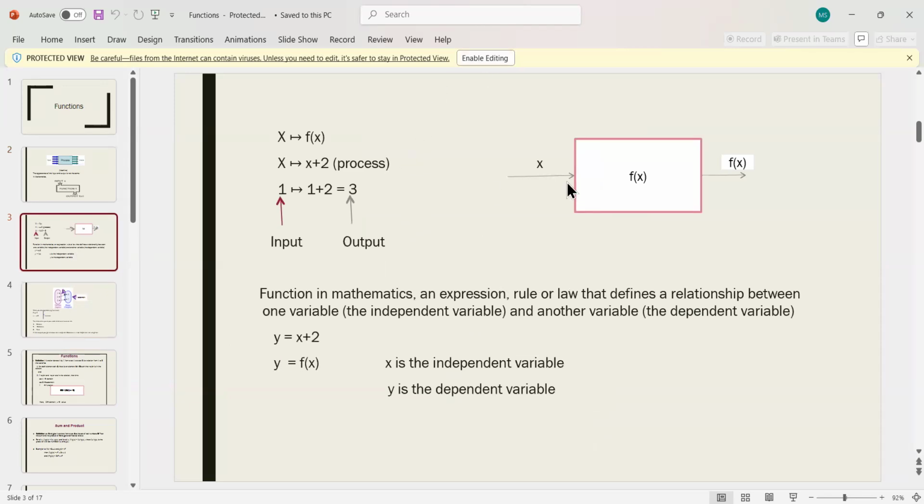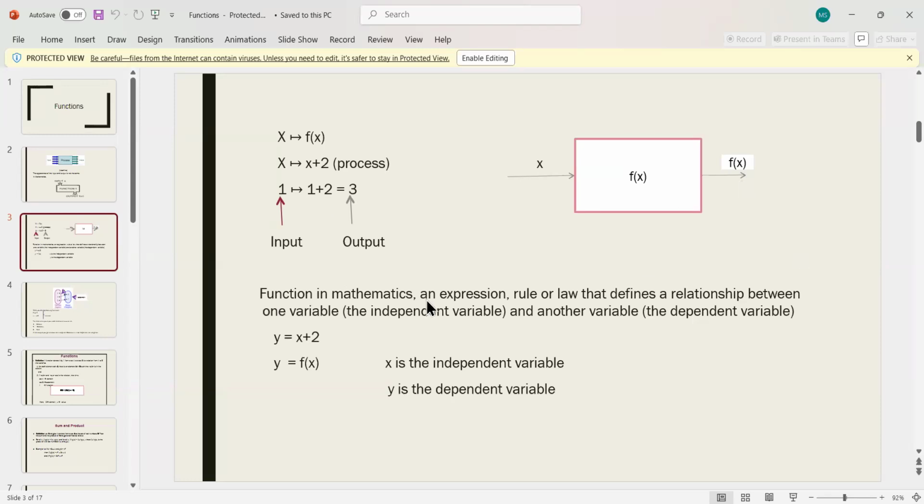What this machine does is, anything that comes from the input, it will add 2 and give an output. Now the function, the process, is f of x, so the process is x plus 2. That means if you put 1 into the machine, then 2 will be added, and the output will be 3.